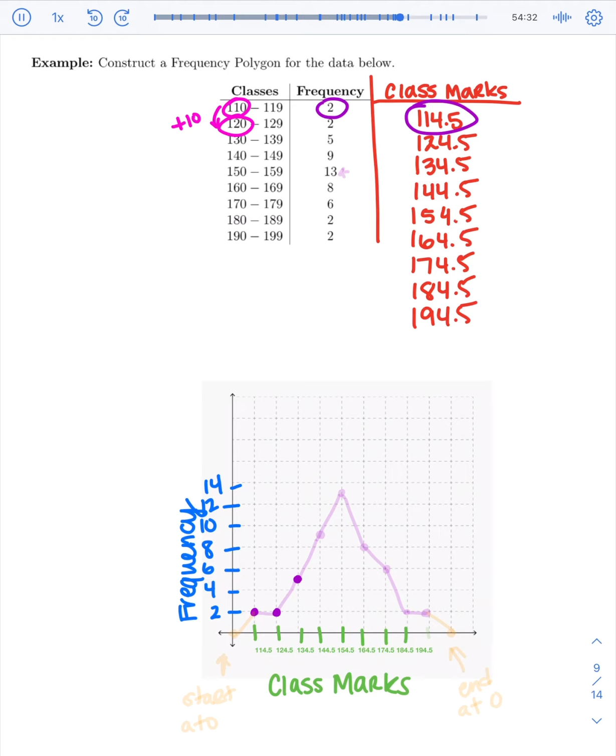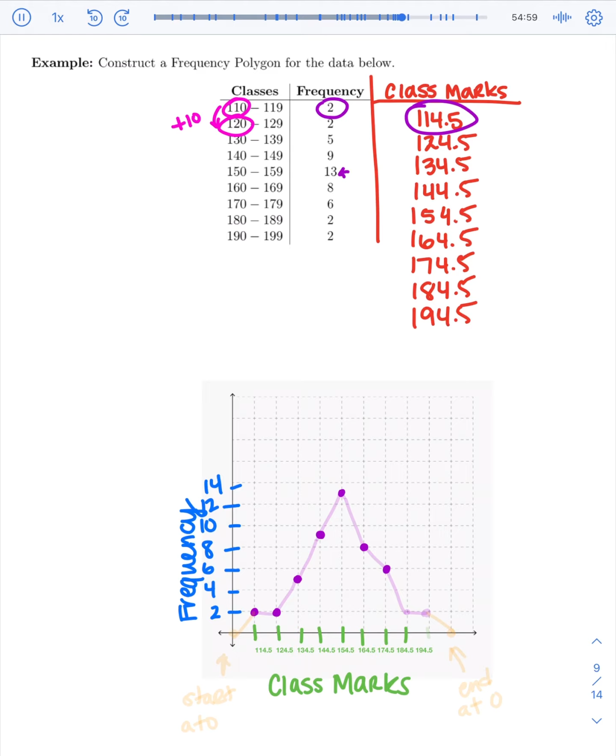And the next one was a frequency of 9, so we'll put a point there. Next one is 13, so we're right here right now. Next one is 13. And the next one is 8 after that. Then 6. Then 2. And last one is 2.